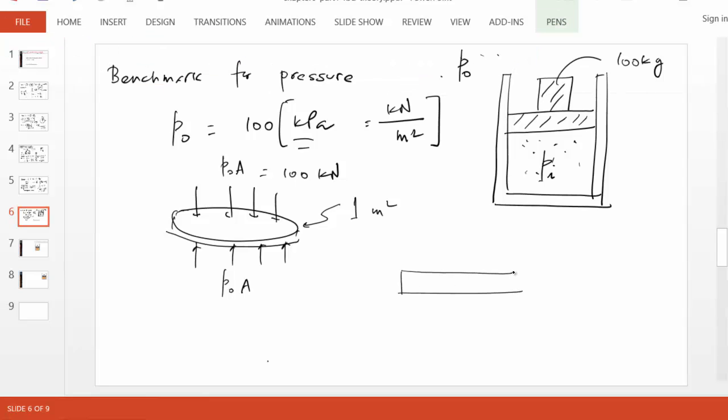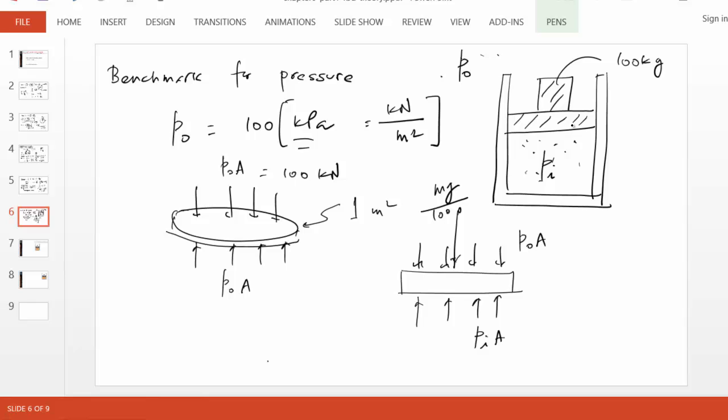We draw the piston and we recognize that atmosphere will push it down with a force of P0A. The gas inside will try to push it up with a force of Pi times A, and the weight that is on top puts an additional force of mg over 1000. Can you see that?